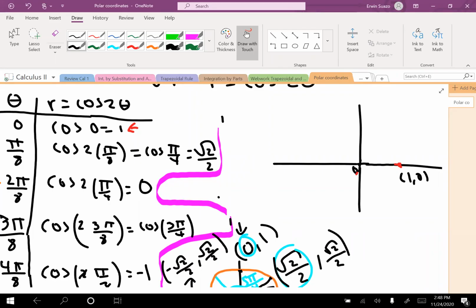My next point is angle pi over 4, radius square root 2 over 2. So I have to have an idea what I'm doing. So this is pi over 4. Therefore, angle pi over 8 is the middle one. So this is pi over 8. What I need is a radius of square root of 2 over 2.